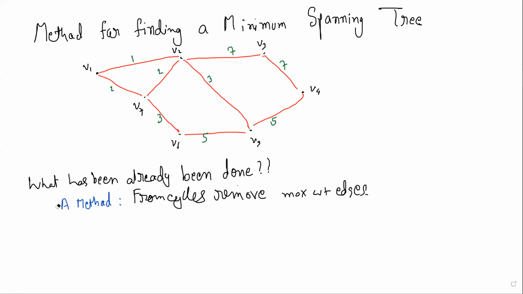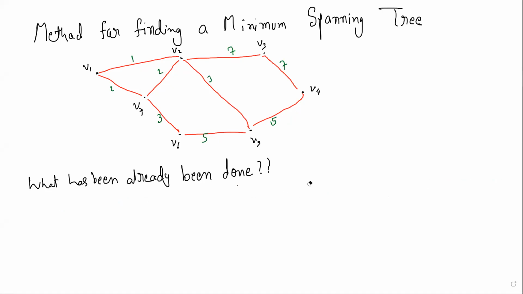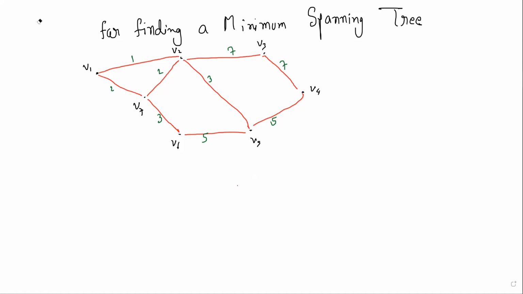So it seems to us that it's not a good method, but one can make it work maybe. So that's what we have already done. Today we would like to not just have a method, but also have a method that is made up of very simple steps. Maybe a large number of steps, but simple steps.